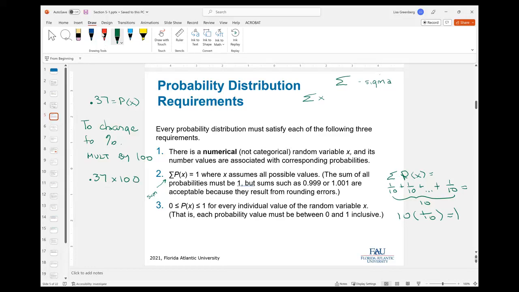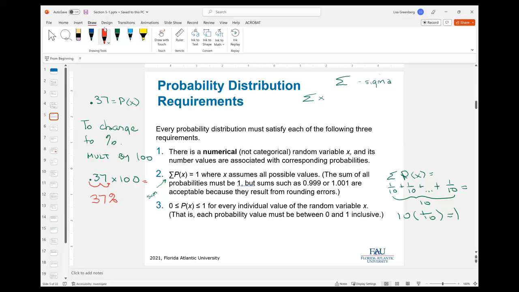It's the same as moving my decimal place 2 places to the right. Multiply 0.37 times 10, and you get 3.7. By another 10, you get 37. So 0.37 as my probability is the same as 37%.